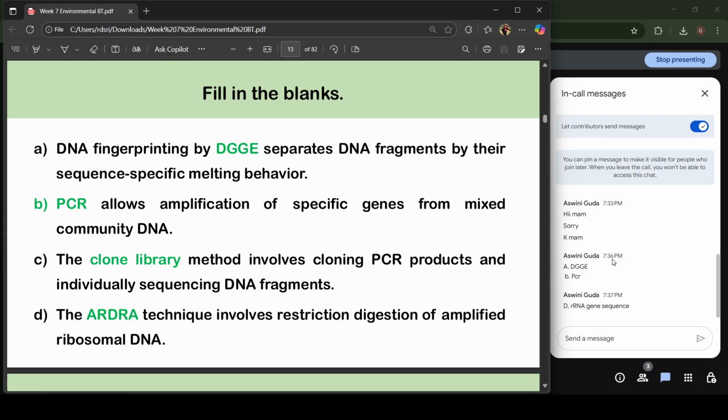And the third one is the earlier traditional method of clone library creation. We clone the PCR products individually into a vector, and then perform sequencing of that DNA. And the last one is the ARDRA technique. It stands for Amplified Ribosomal DNA Restriction Analysis.